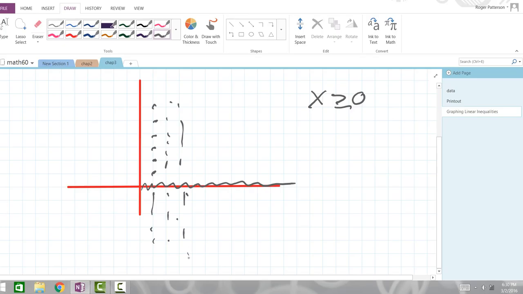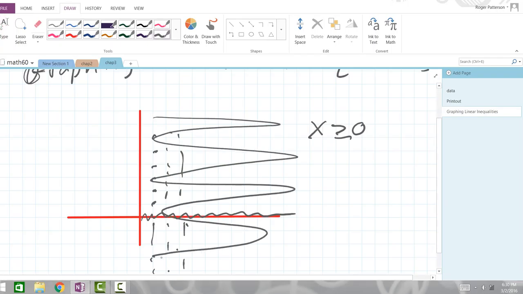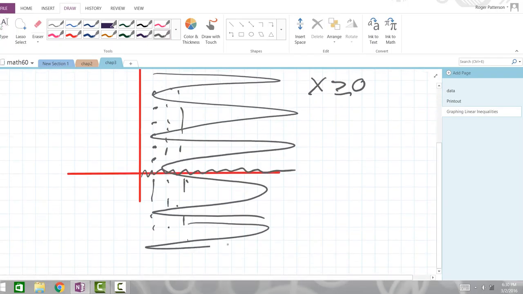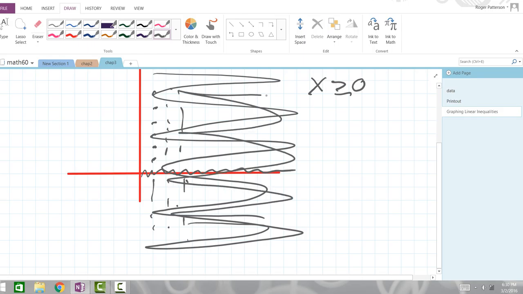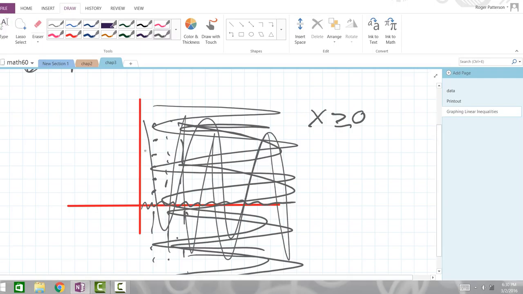So when you talk about x being greater than 0 as far as a linear inequality, we're talking about everything that's to the right of the y-axis. All this stuff is x is greater than 0. That's what a linear inequality looks like. All this stuff in here.